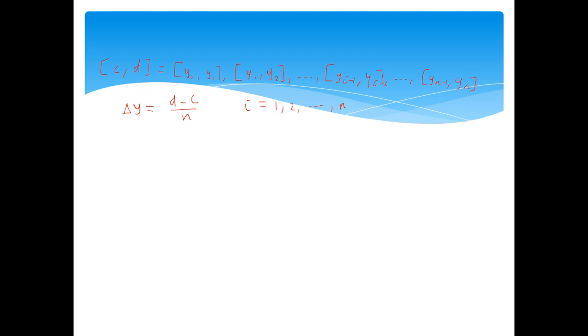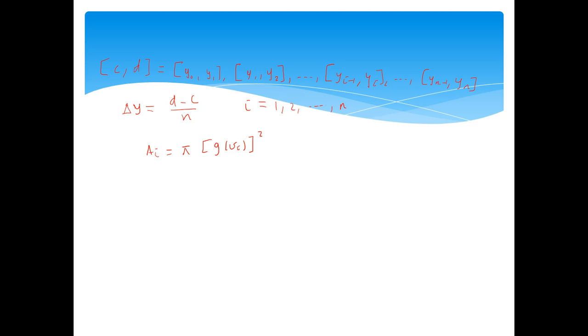So what is the surface area equal to? Since we have a circular disk, the surface area is going to be a circle, pi times g of v sub i squared.